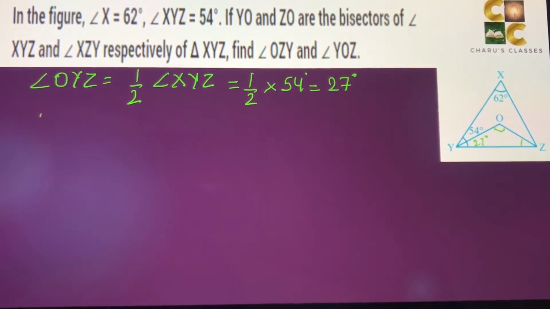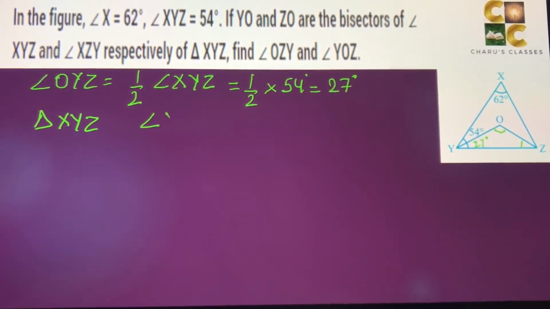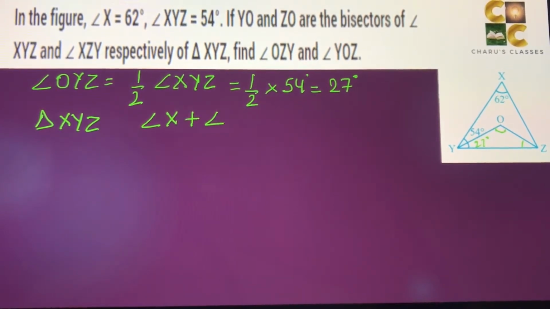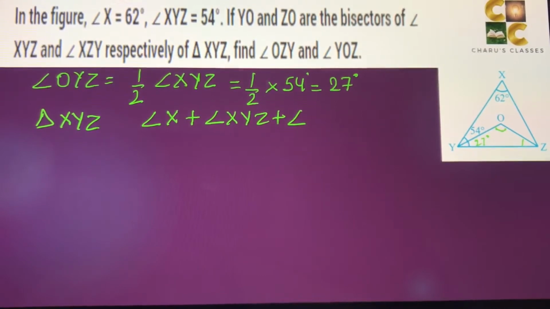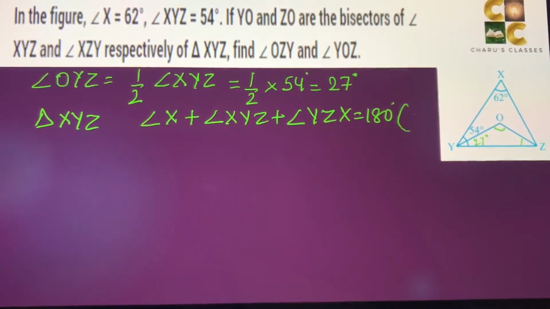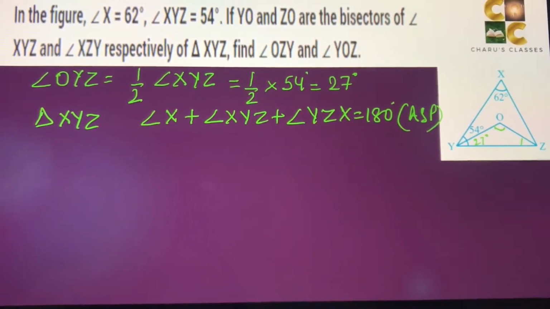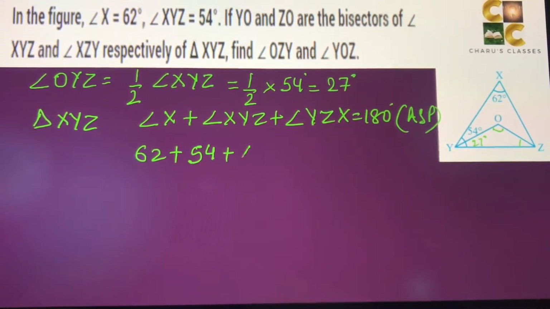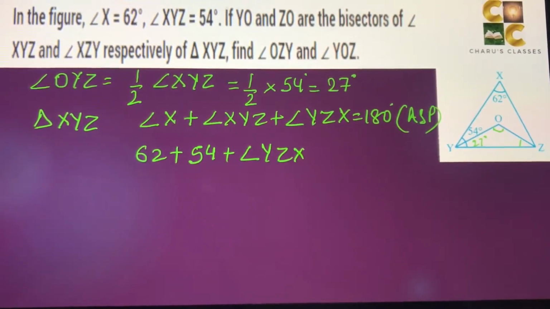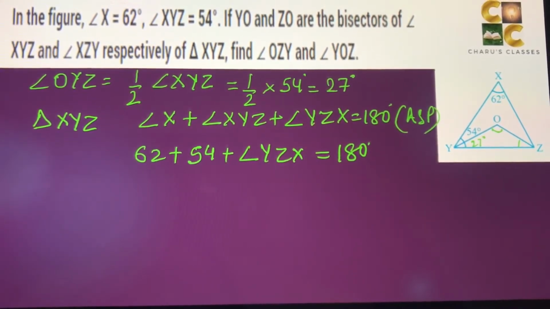Now we know that in the triangle XYZ, the sum of all angles, that is angle X plus angle XYZ plus angle YZX, is equal to 180 degrees because of the angle sum property of triangle. So angle X is 62, angle XYZ is 54, and angle YZX, this sum should be 180 degrees.